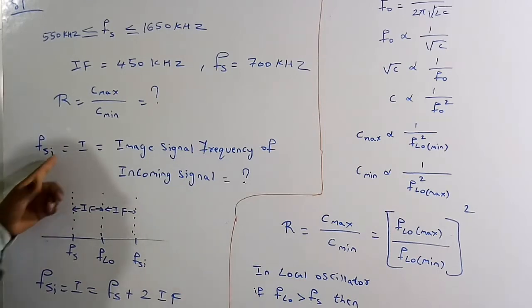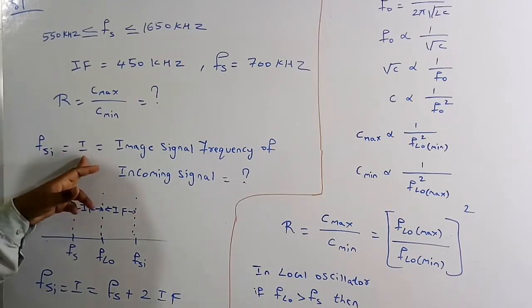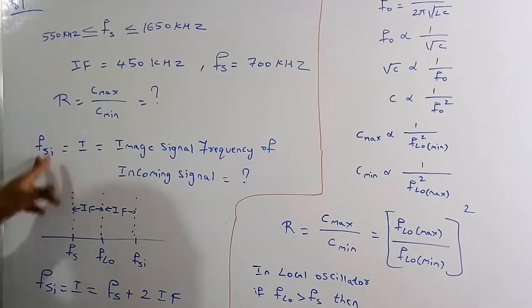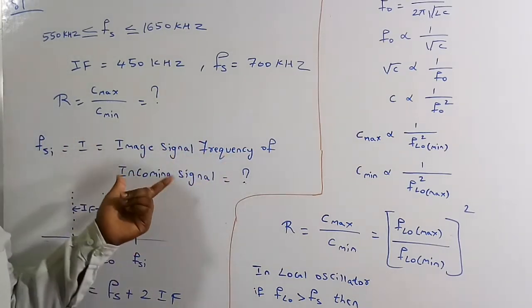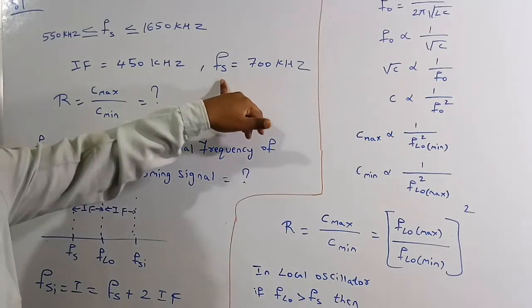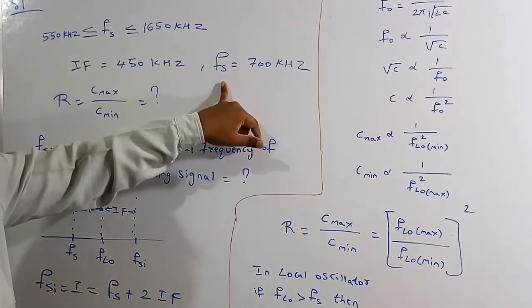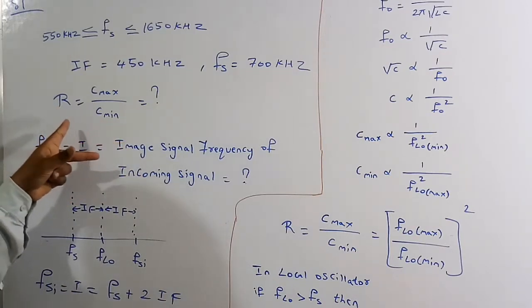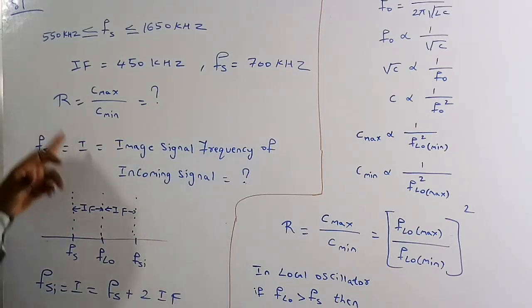In the question it is given as I, but basically we are going to take it as FSI, the image signal frequency of the incoming signal. The incoming signal frequency is FS, which we can also call the tuned signal frequency. So these are the two things we need to figure out: the value of R and the image frequency.